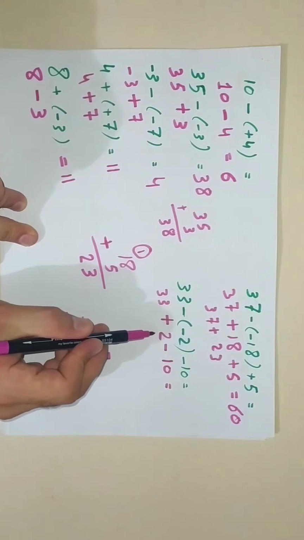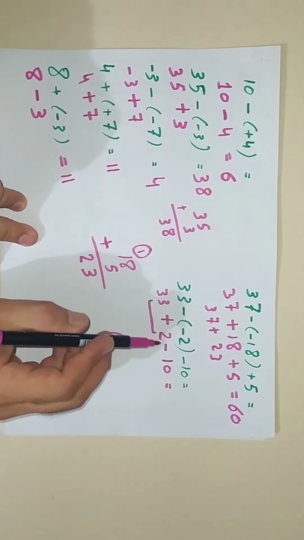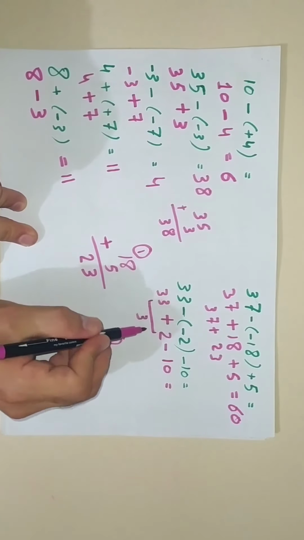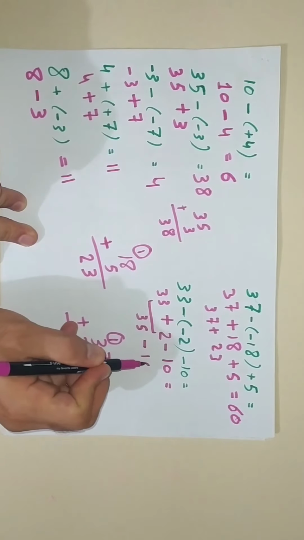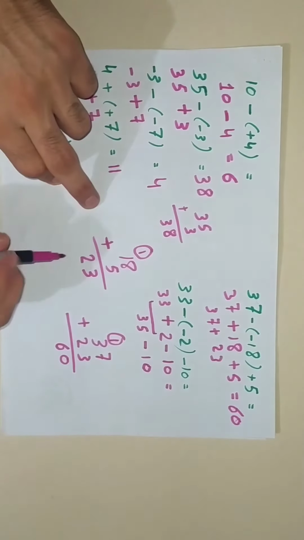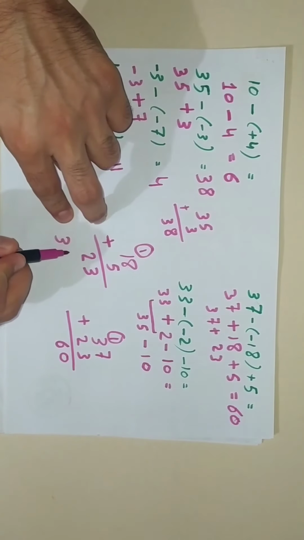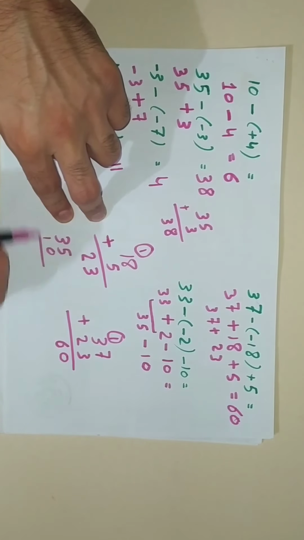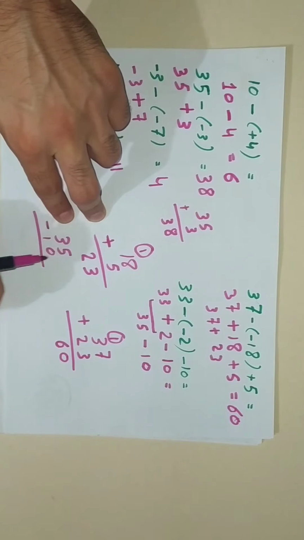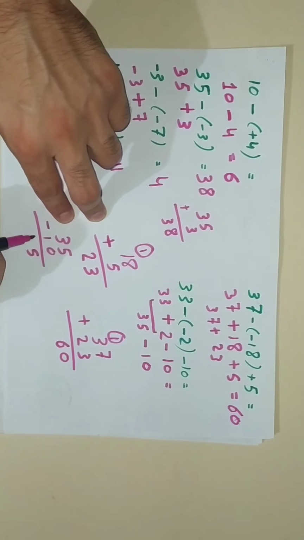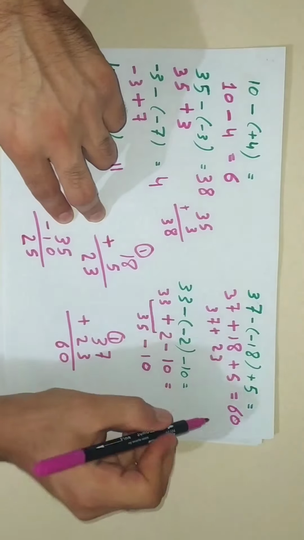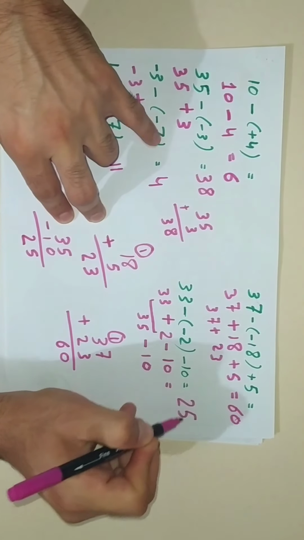First we have to add these two numbers. 33 plus 2 will make 35 and minus 10. So if we subtract 10 from 35, it will give us 25. Okay, so the answer is 25.